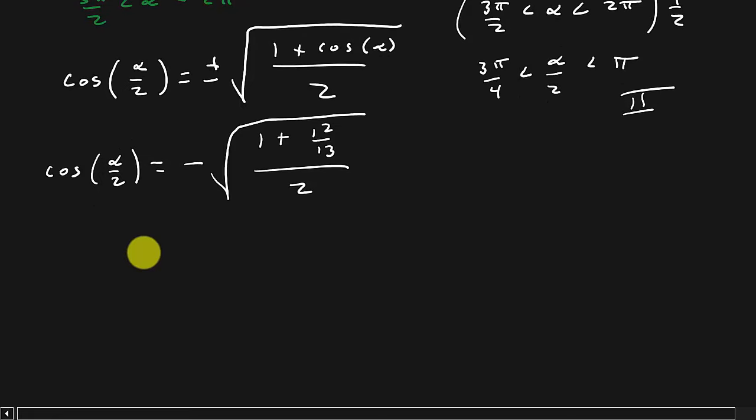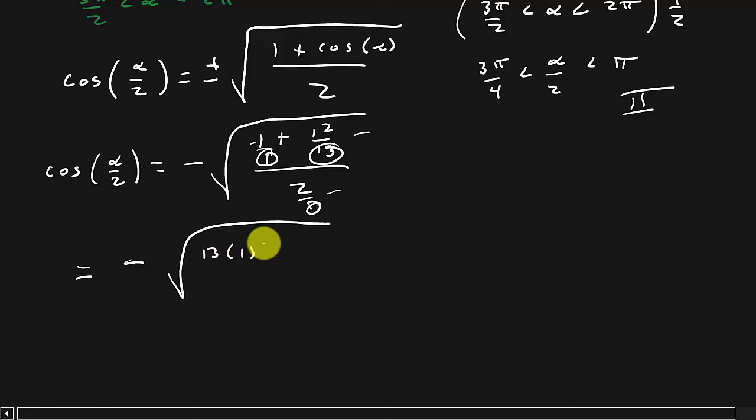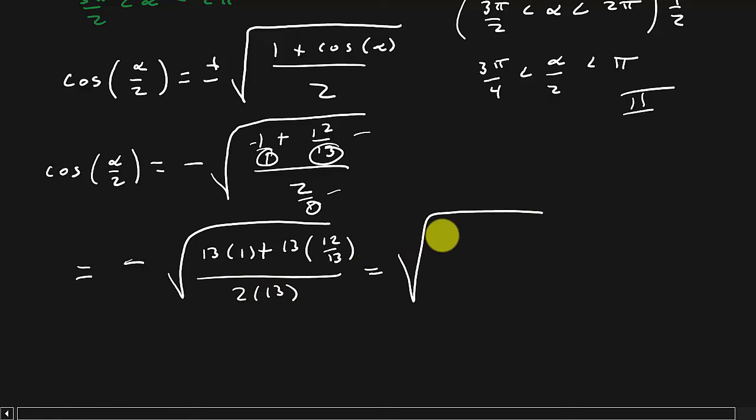All right, now this is going to be negative square root. Now look at that over 1 and that over 1. So we're going to multiply each term by 13, the common denominator. So I've got 13 times 1 plus 13 times 12 over 13, over 2 times 13, which is going to be the square root of (13 plus 12) over 26.